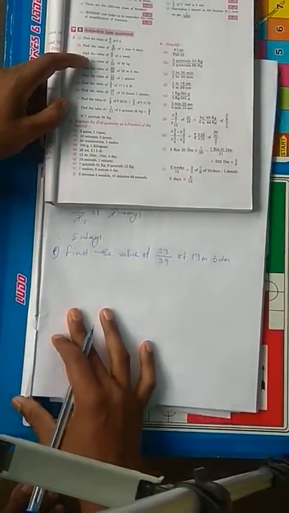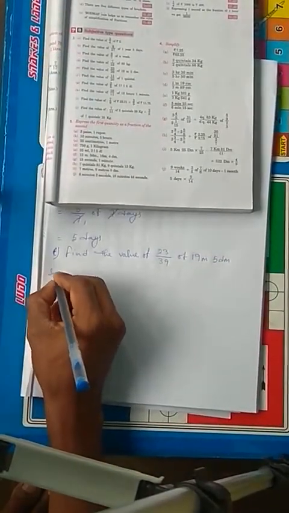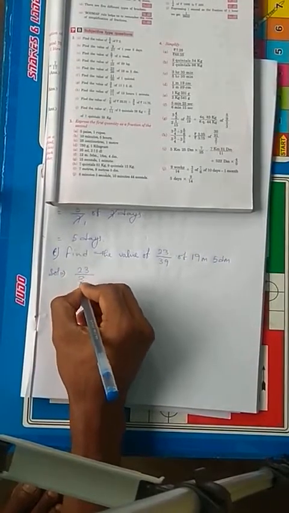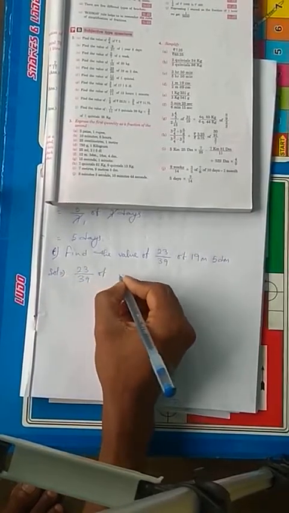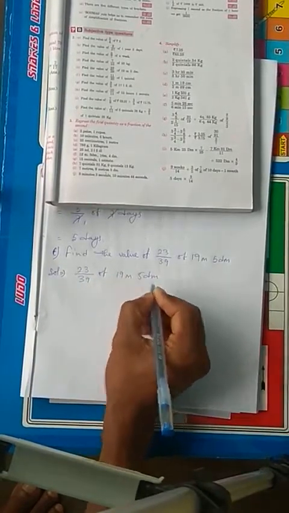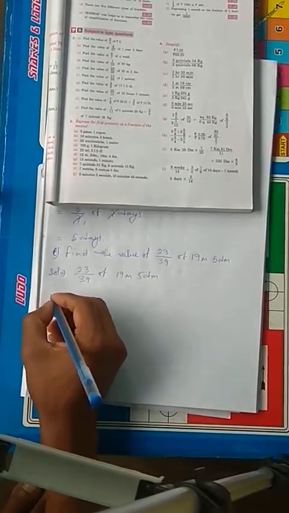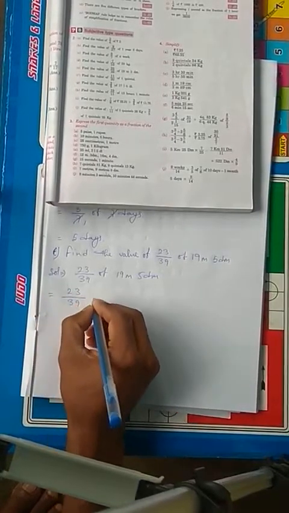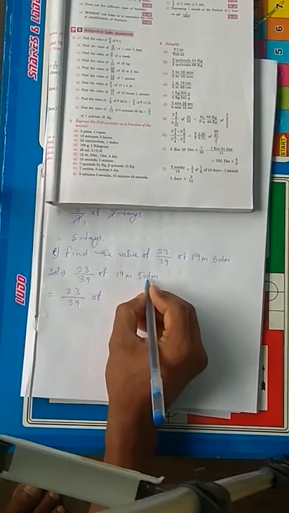Okay, solution. Now 23 by 39 of 19 meter 5 decimeter. So 23 by 39 of, look at the 19 meter and 5 decimeter.